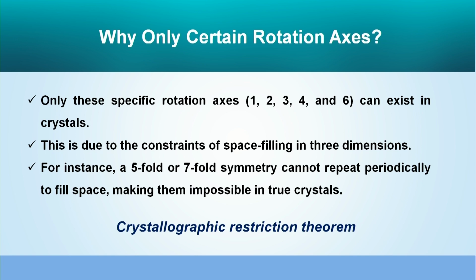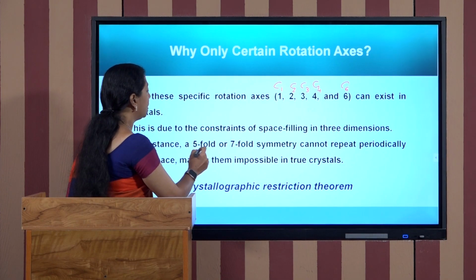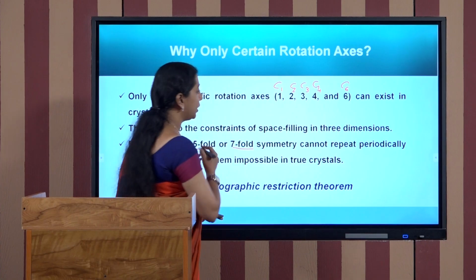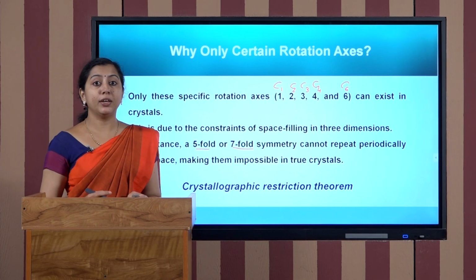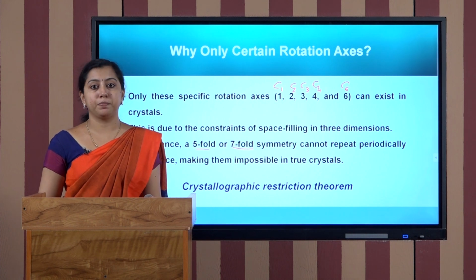Now, why only certain rotation axes? We have seen that only these specific rotation axes, that is C1, C2, C3, C4 and C6, can exist in crystals. This is due to the constraints of space filling in 3 dimensions. For example, a 5-fold or a 7-fold symmetry cannot repeat periodically to fill space, making them impossible in true crystals.